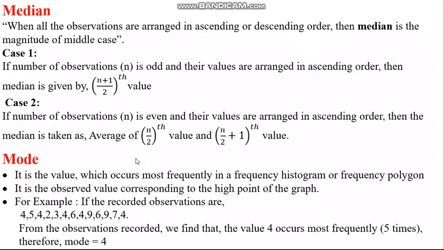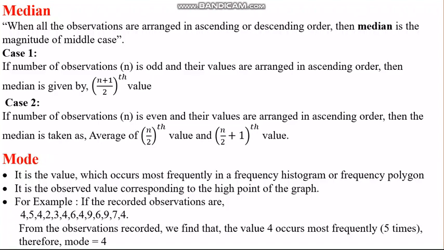Now let us see about the median. When all observations are arranged in ascending or descending order, the median is the magnitude of the middle class. Everything is arranged in ascending or descending order, and whatever falls in the middle, that is the median. Case 1: if the number of observations n is odd.